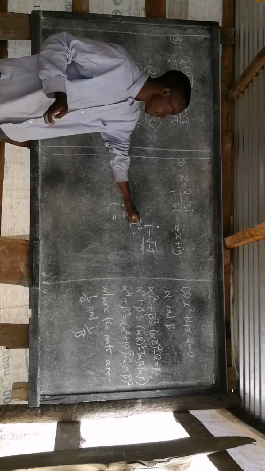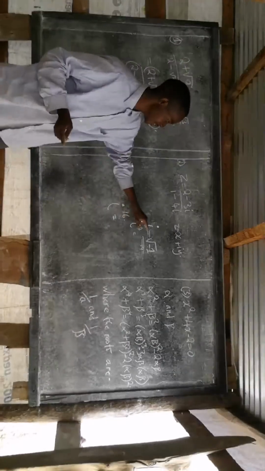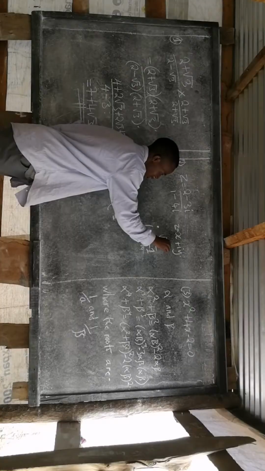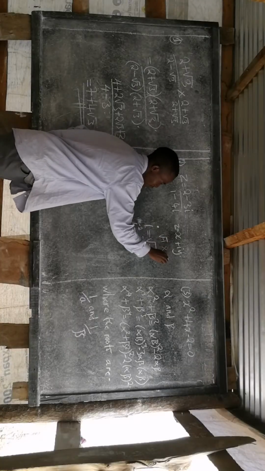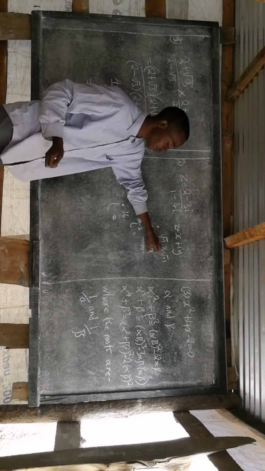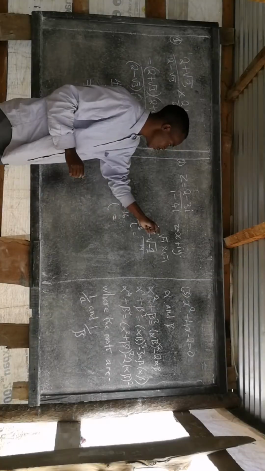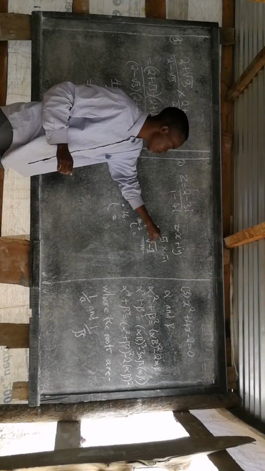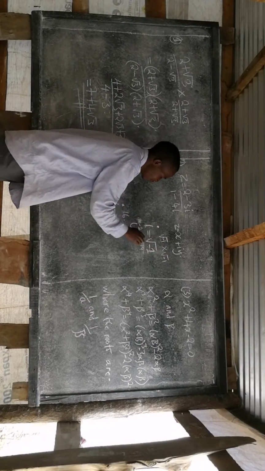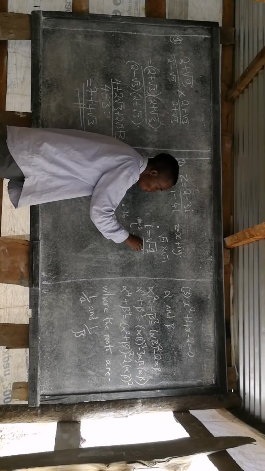It means i times i, the square root of negative 1 times the square root of negative 1. What is the answer? The square root will go, and it will give you negative 1. So we are remaining with negative 1.